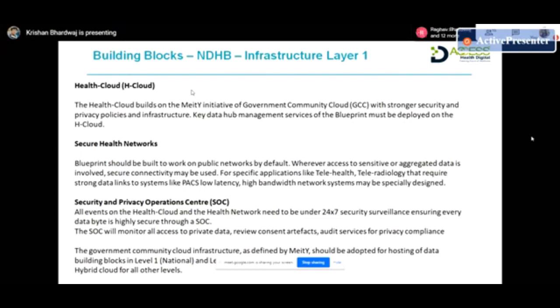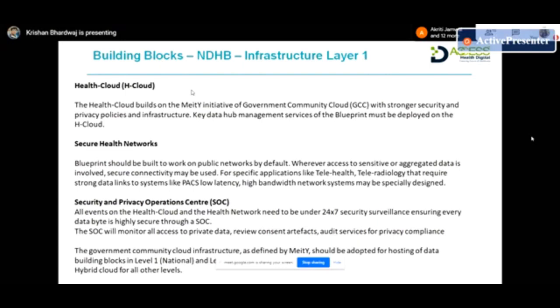Generally in hospitals, we create a dedicated separate network segment for the radiology center, which is at 1000 Mbps speed, and the rest of the hospital is at 100 Mbps. In the same way, for all teleradiology and telehealth related things, they want to provide dedicated networks to ensure that the PACS latency problems are solved.